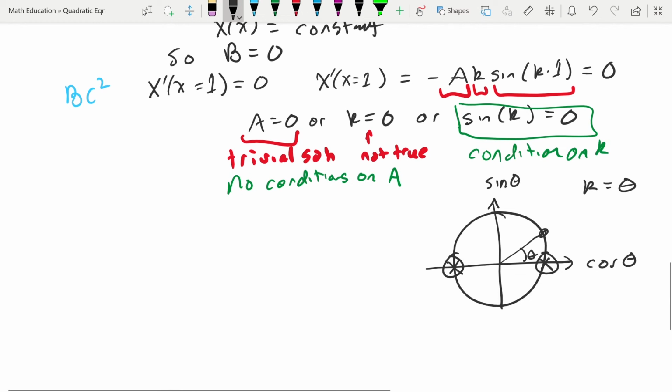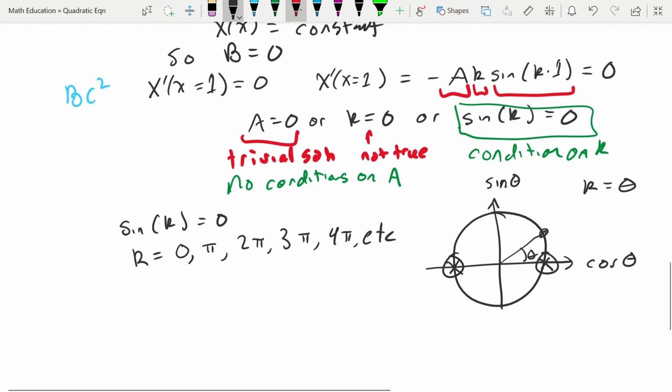So since sine of k is equal to 0, this occurs when k is equal to 0, which we don't care about, pi, 2 pi, 3 pi, 4 pi, etc. Now, keeping in mind that we don't want that 0 case, we've got k is equal to some number n times pi for n integer and positive.